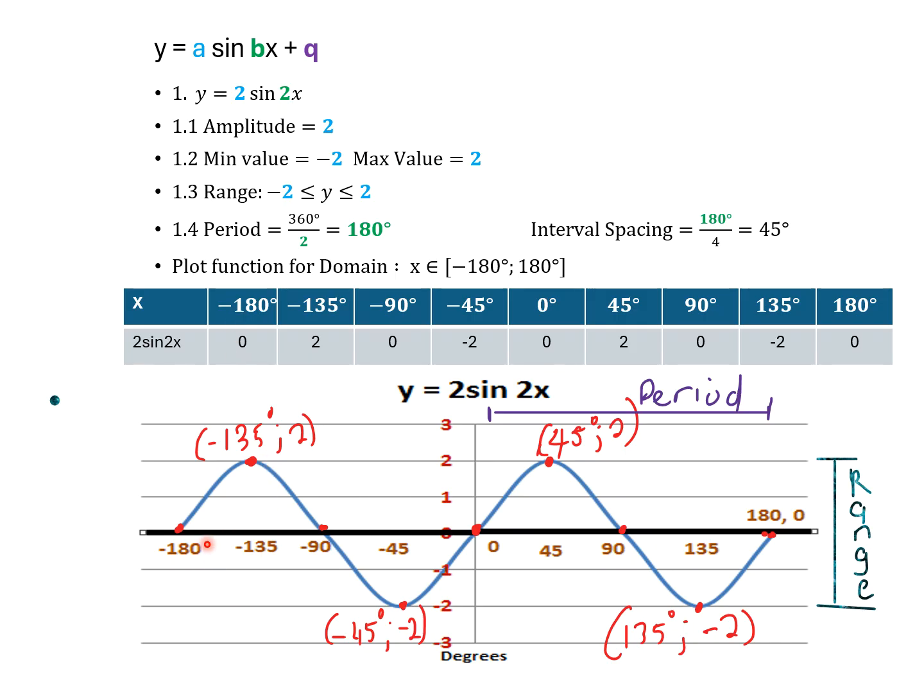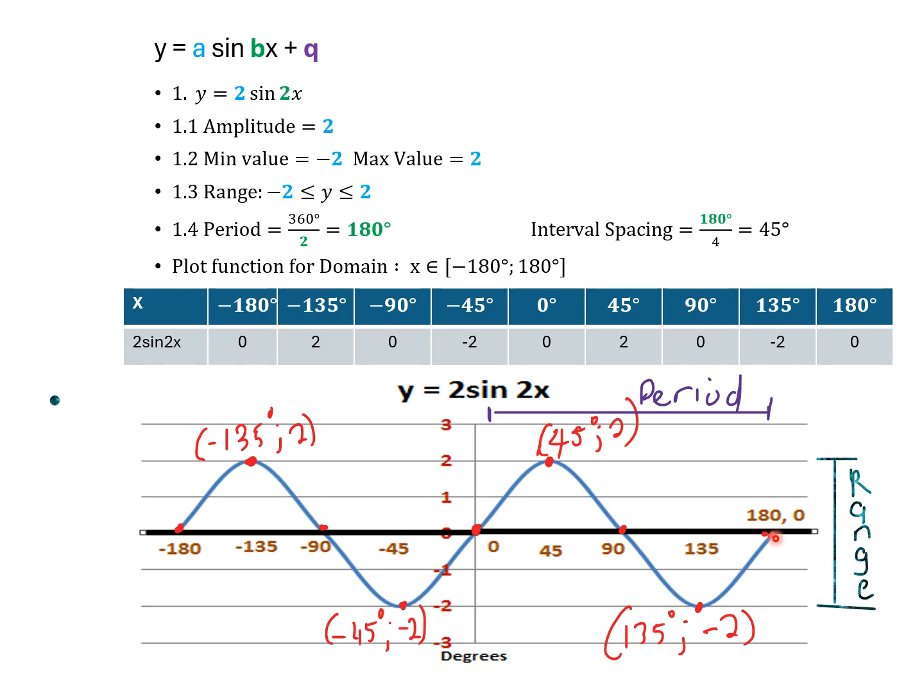From here, you should see the shape of the graph. There's one complete sine graph, and from there, a second complete sine graph. That is why my period is 180. From 0 to 180, I draw a complete sine graph.